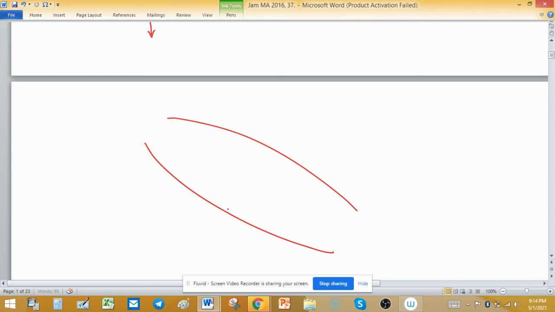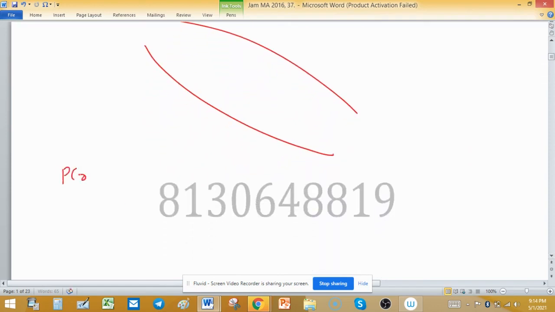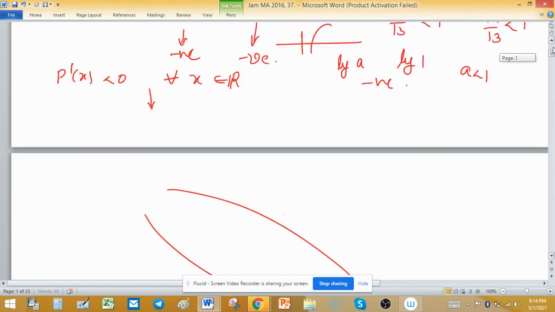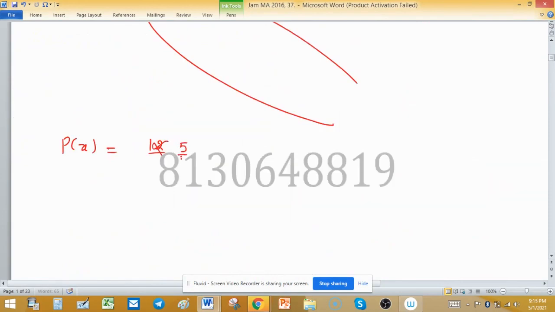So we will check whether a root exists or not. As P(x) is given as (5/13)^x + (12/13)^x - 1, consider t as a real root, t belonging to the reals.